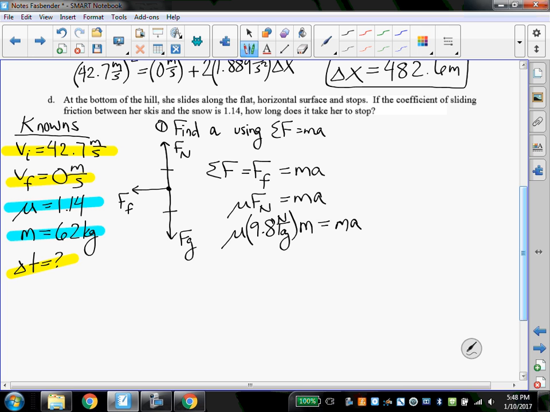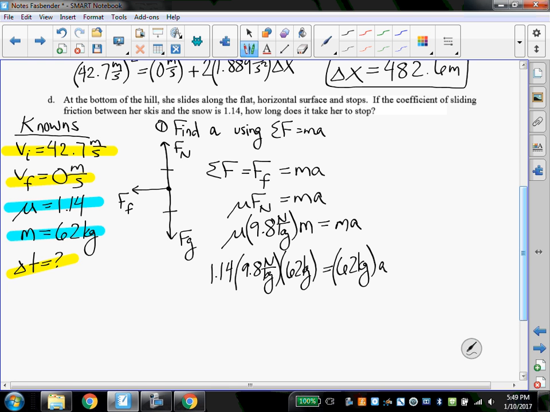So now we can put numbers in here, because I think we know all these numbers. We've got mu is 1.14, then we got our 9.8 newtons per kilogram, and then our mass is 62 kilograms. This has to equal 62 kilograms times our acceleration.